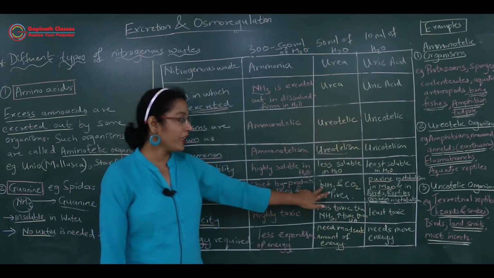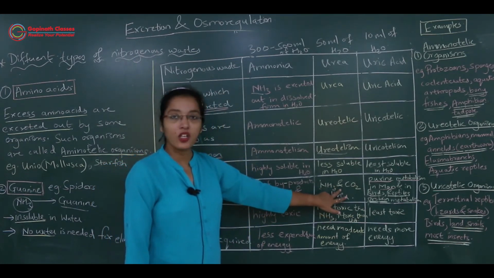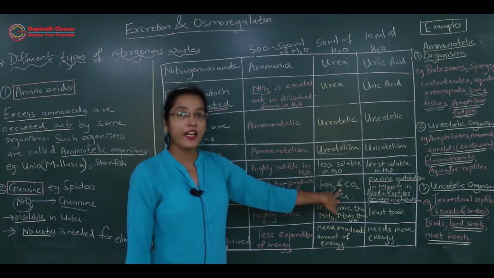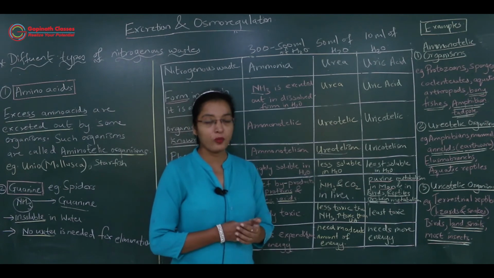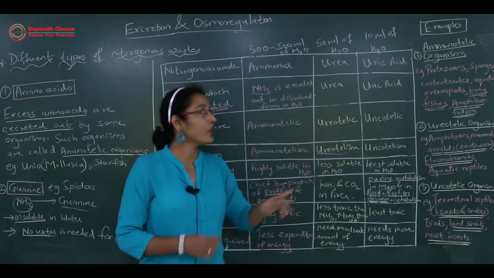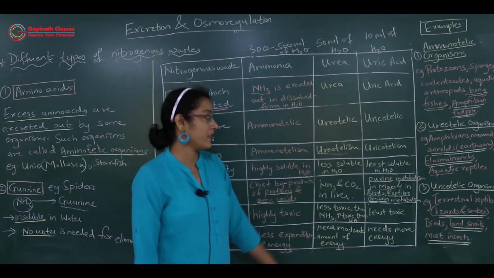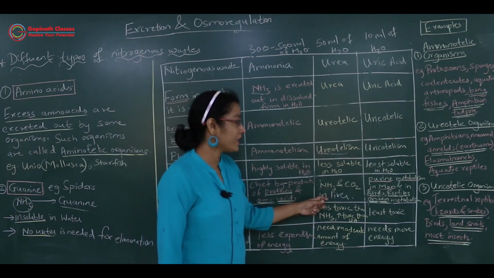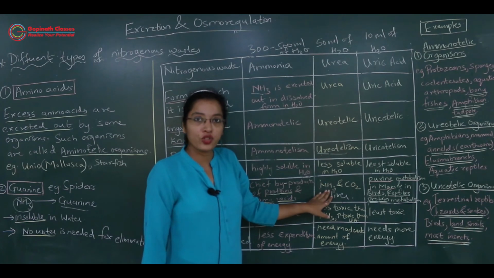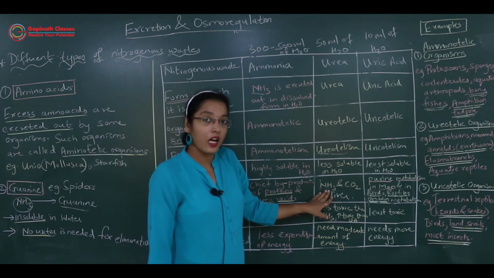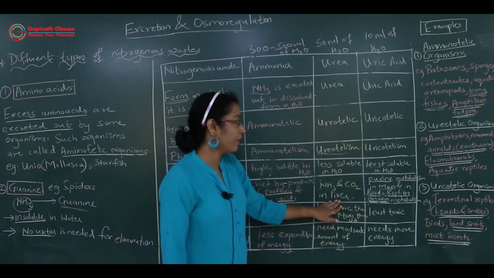Ammonia and carbon dioxide react with each other to form urea, and this urea is then eliminated out of the body of ureotelic organisms.